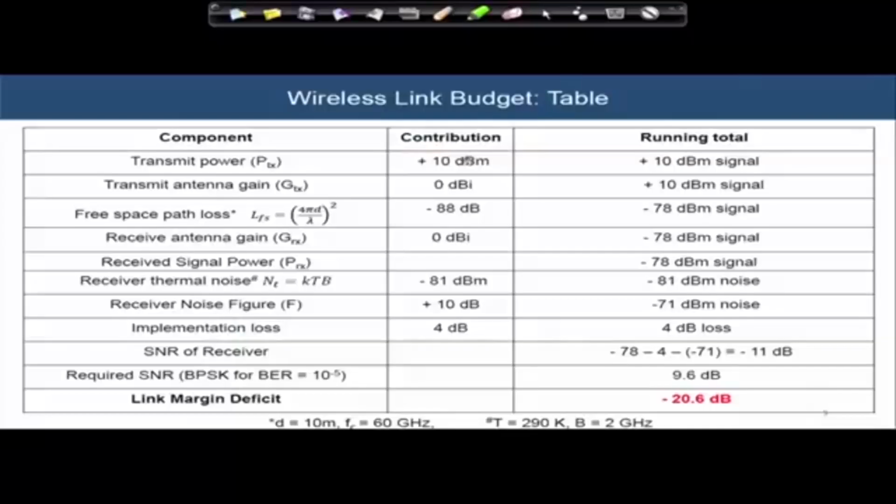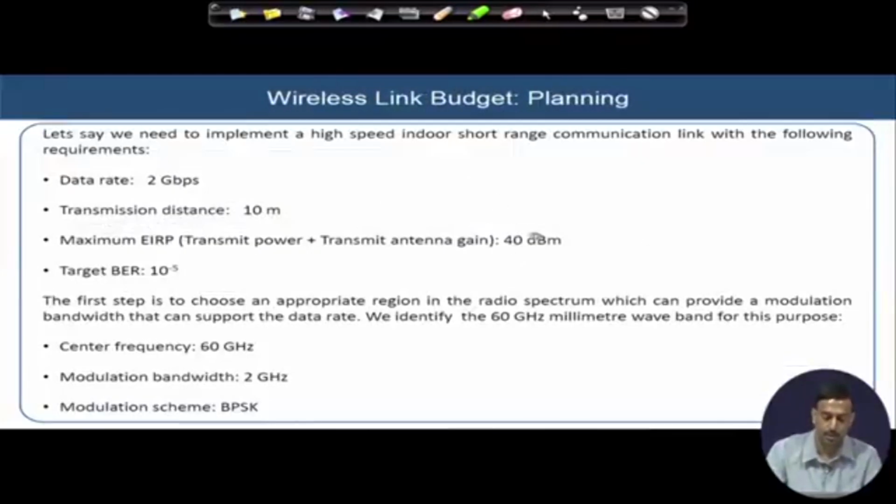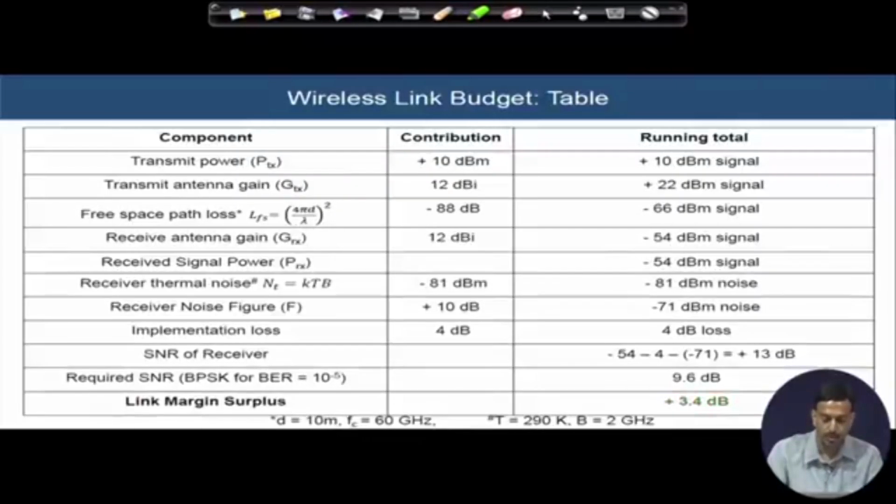To start with, we can increase the transmit power, because the maximum transmit power plus GTX was specified to be about 40 dBm, if you recall in this particular expression. So that was possible. This can be done by either increasing the transmit power or by incorporating an antenna which gives you a gain. Either of these two are possible. So that is what we are going to do next.